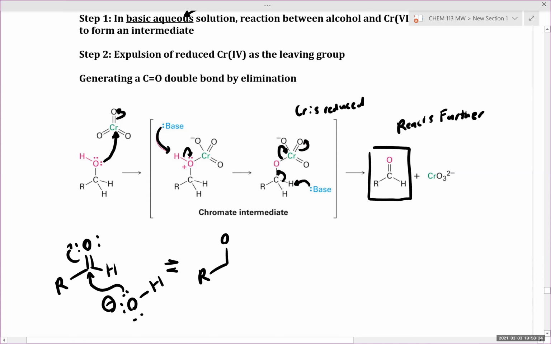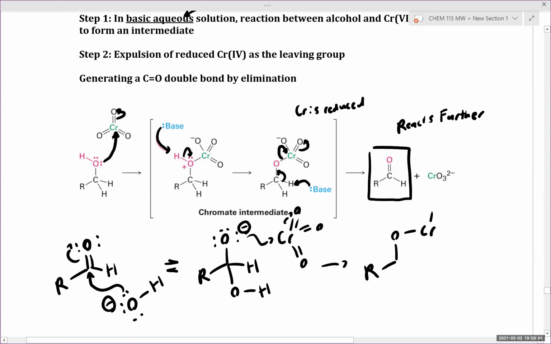Aldehydes are very reactive. From there, this alkoxide intermediate can attack a second equivalent of chromium trioxide. That in turn generates the same intermediate as our first oxidation step.